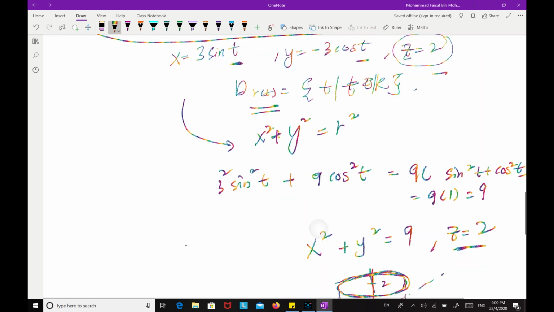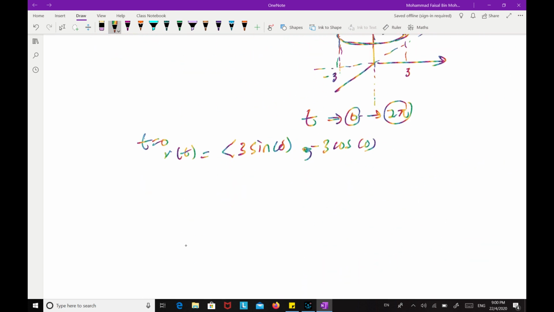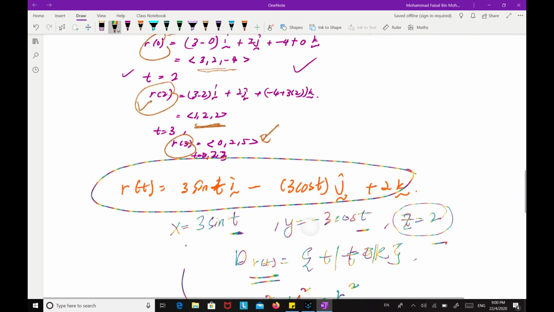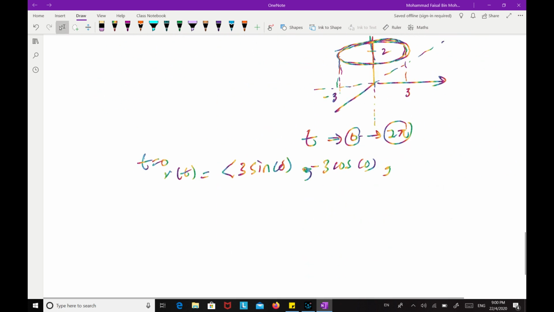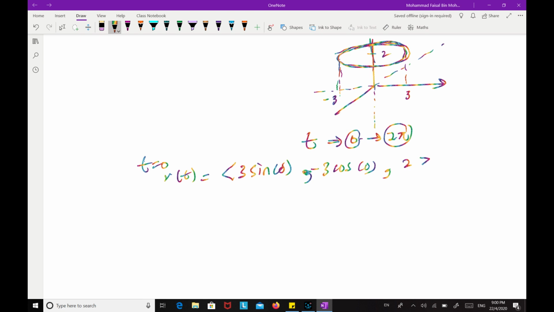I think we have minus, okay, minus, and then we have 2k, so just 2. So this is 0, negative 3, 2.